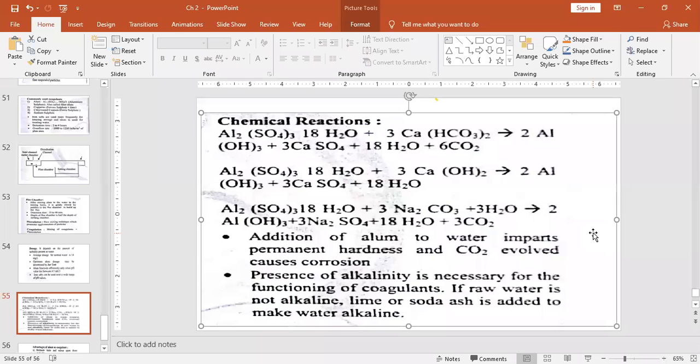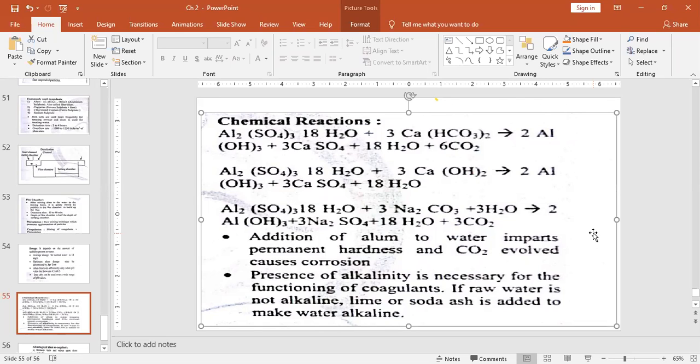Addition of alum to water imparts permanent hardness, and the carbon dioxide evolved causes corrosion. Presence of alkalinity is necessary for the functioning of coagulants. If raw water is not alkaline, lime and soda ash are added to make the water alkaline. This way you can remove the chemical precipitate.